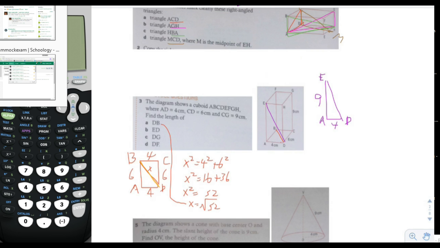So this hypotenuse would just be equal to the square root of 4 squared plus 9 squared, which is equal to 16 plus 81, which is 97. So it's the square root of 97. Okay, so that's ED.